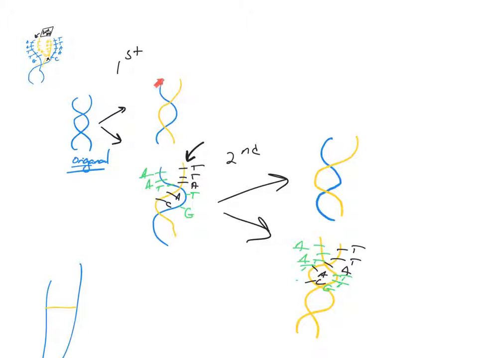So because we conserved or kept one of the original strands, we call this semi-conservative. Semi means half. Semi-conservative means half conserved. Half the DNA is the same, the other half's new. Half the same, half new. So here's one semi-conservative, here's another.